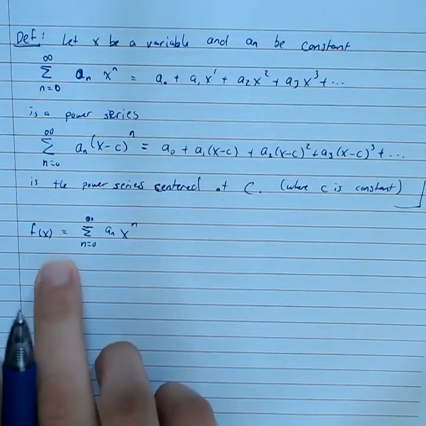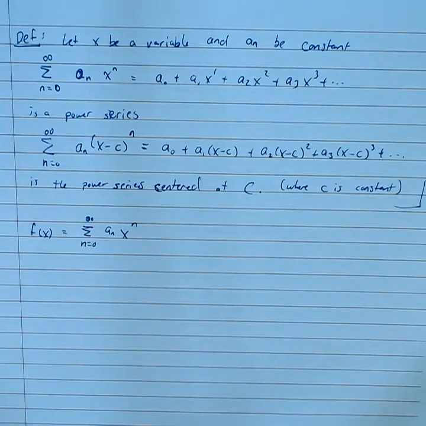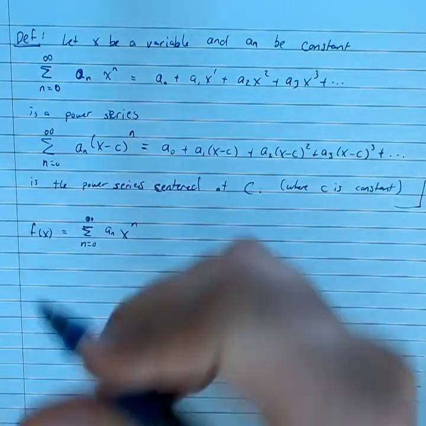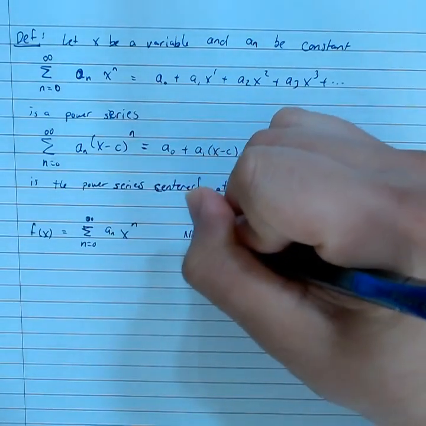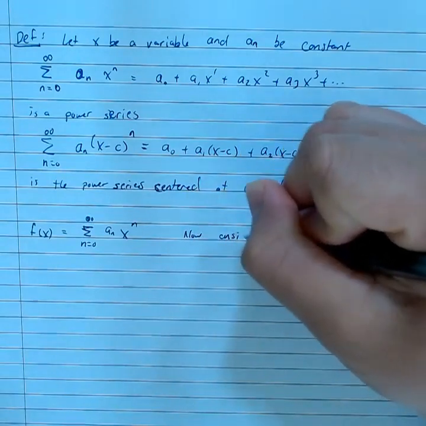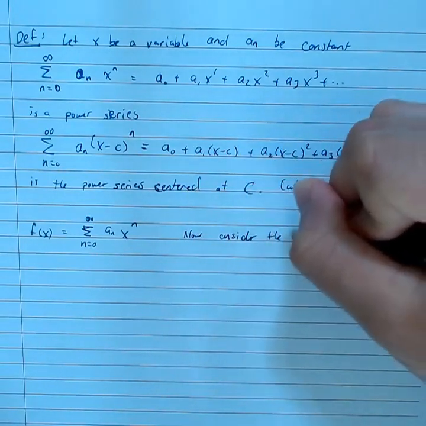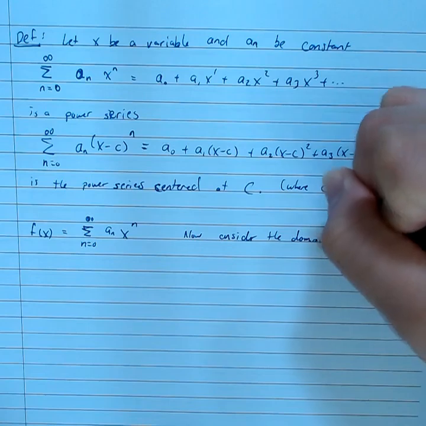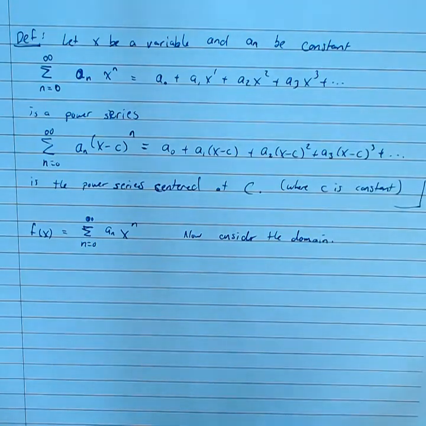Now, if that's a function, I should be able to talk about things that I usually talk about with functions. In particular, its domain and range. So here, consider the domain of this function. If it's a polynomial, it should have an infinite domain. I should be able to plug in anything.